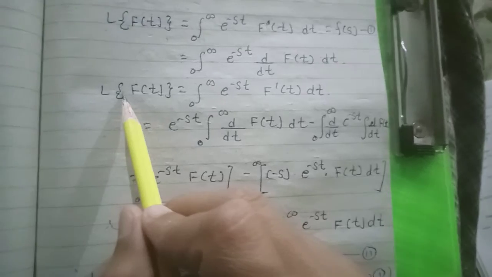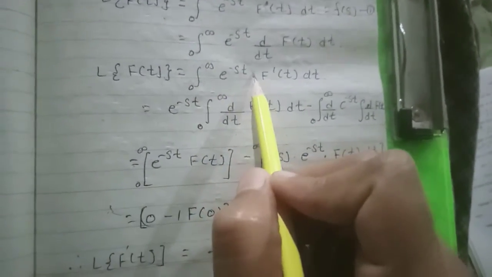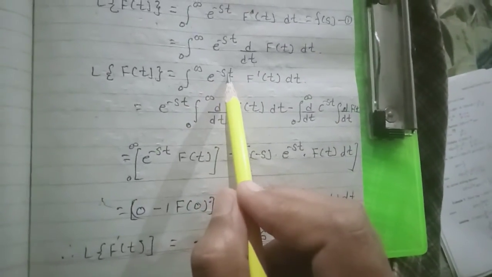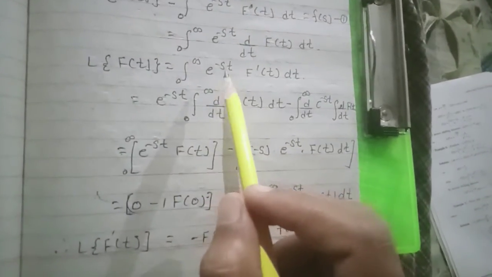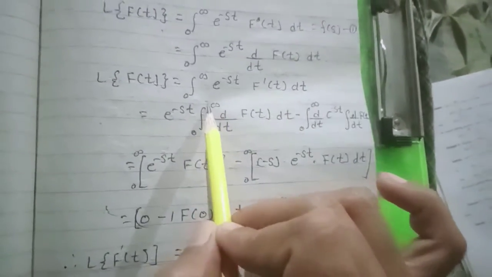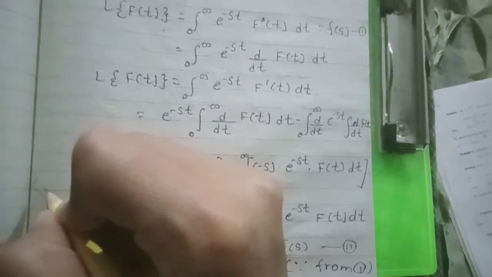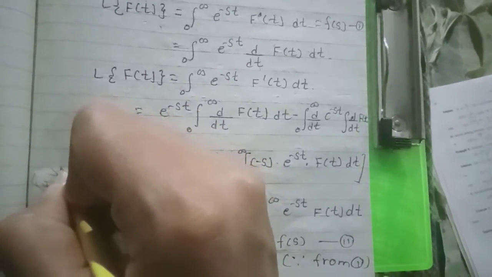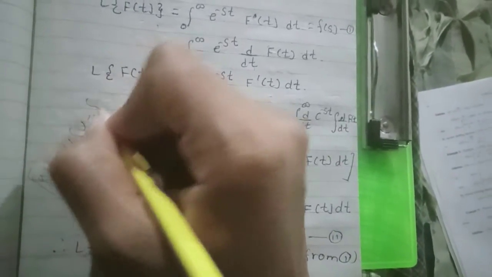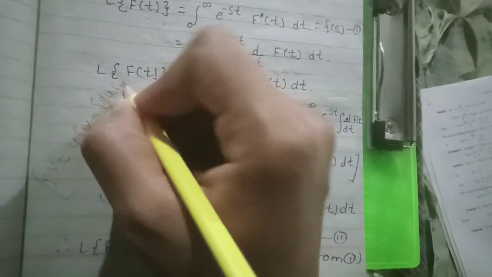Then the Laplace transform of f dash of t is equal to integration 0 to infinity e raised to minus st f dash of t dt. Here we know the integration by parts theorem: integration of u into v is equal to u into integration of v minus integration of d by dt of u into integration of v.